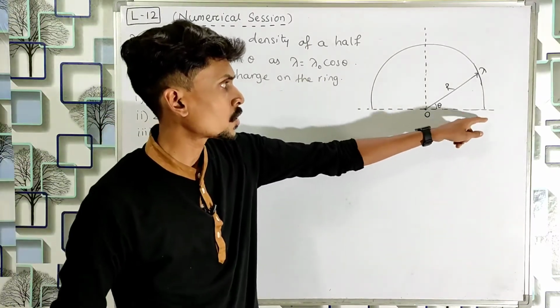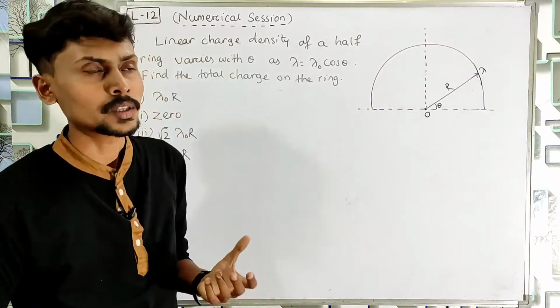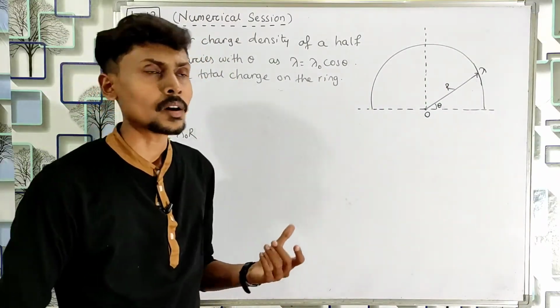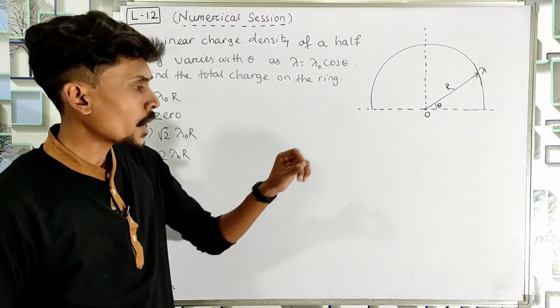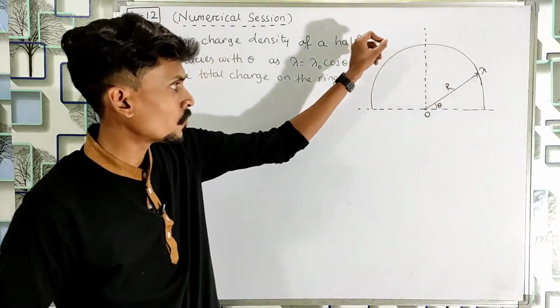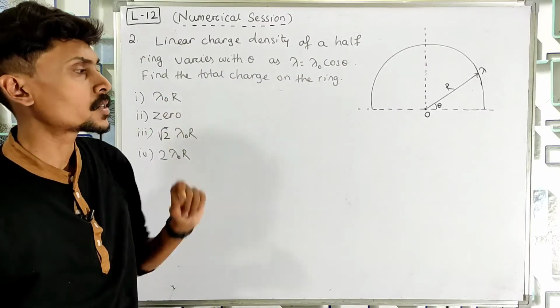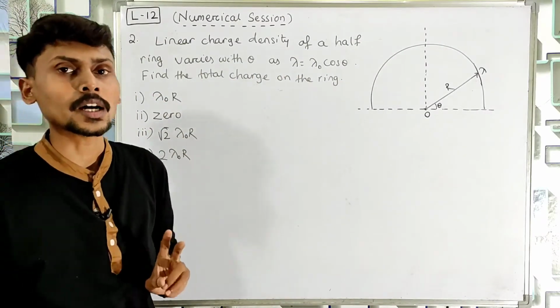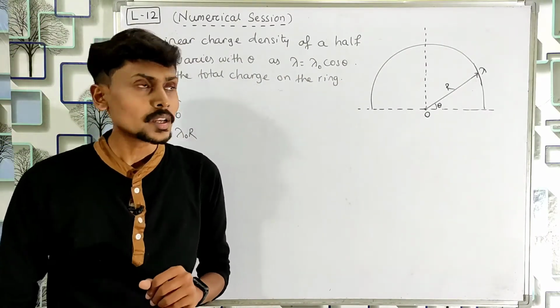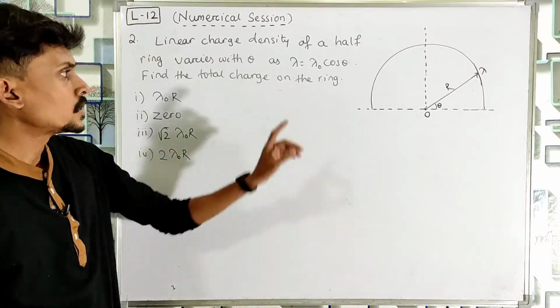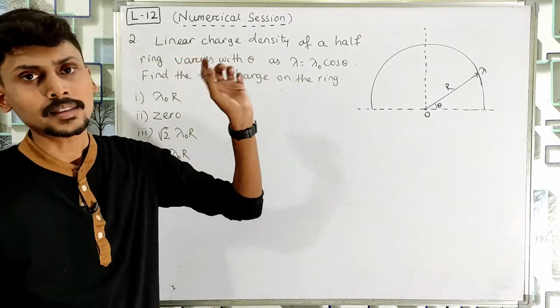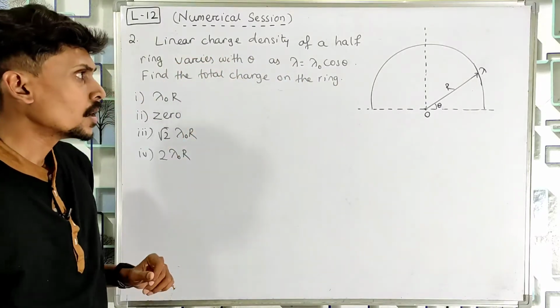We have a semicircular ring, and suppose the radius of the semicircle or the half ring is capital R, and we have some charge distributed over the entire semicircle, but the distribution of charge is not uniform, because the linear charge density lambda is not uniform. This lambda varies with the angle theta. And what is theta?